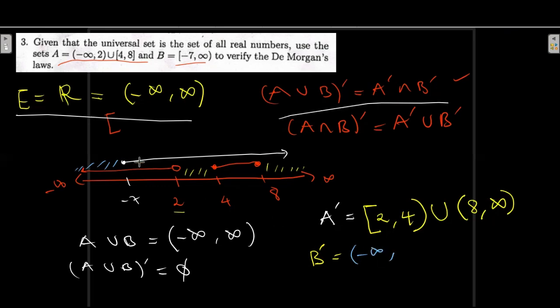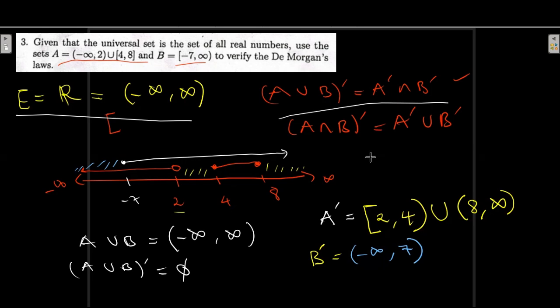Then at 7 here, 7 is in B. It is included in B, meaning it won't be included in the complement of B. So it will be open at 7 instead, like this. So this here is my B complement. Then they're telling me now I have to find the intersection of these two sets.